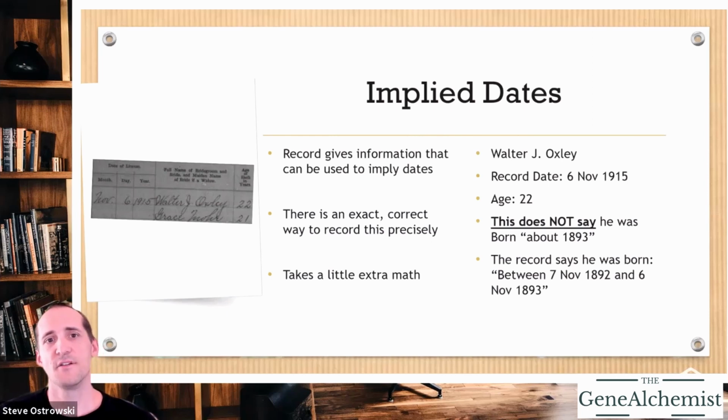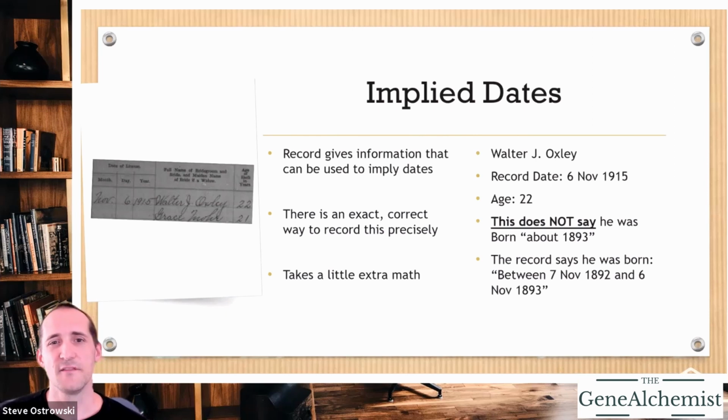Now, here's what we commonly see in genealogy. Somebody takes that November 6, 1915. They usually just take the year. So they say 1915. They subtract 22 years from that, and they end up with 1893, and they end up writing about 1893. Some people might have written 1893 itself. This record isn't actually saying that he was born about 1893.